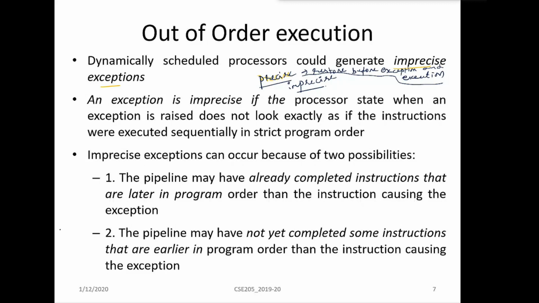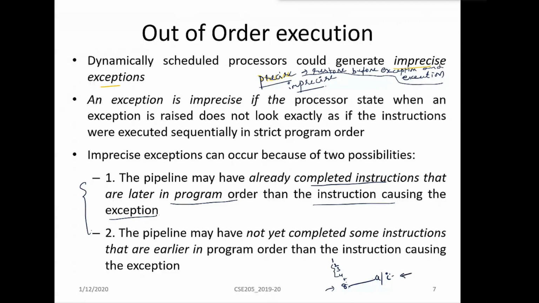Here we have two points. The pipeline may have already completed instructions that are later in the program order than the instruction causing the exception. I will explain with a simple example. Assume we have four, five, some instructions, and in the 8th instruction, don't think of this as data dependence, I am just explaining the concept. Assume something like A divided by I. Before executing this instruction, the 8th instruction is executed.